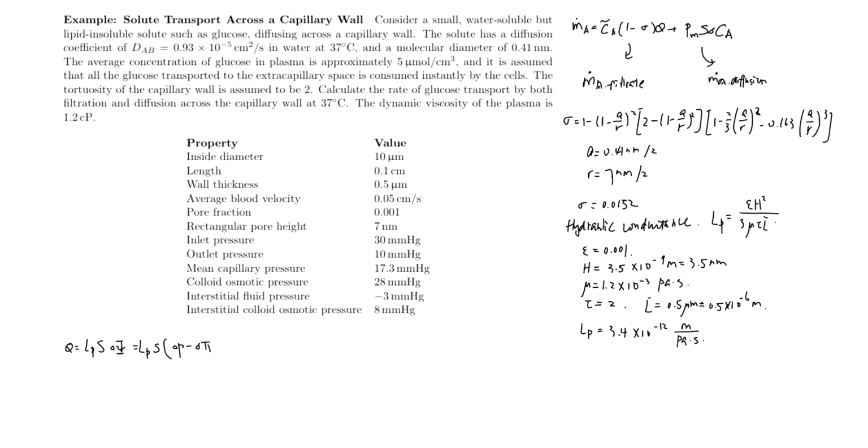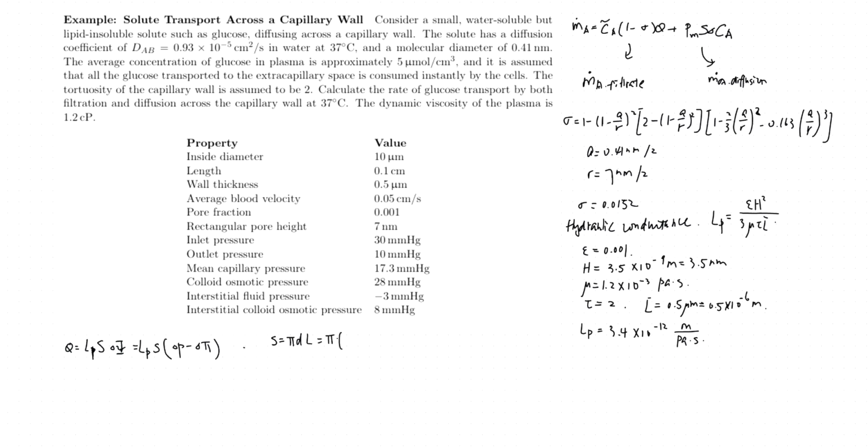So we need LP and we also need S. So what is S? S is the surface area of the capillary wall. So S, the surface area, would be pi multiplied by the diameter of the capillary and the length of the capillary.